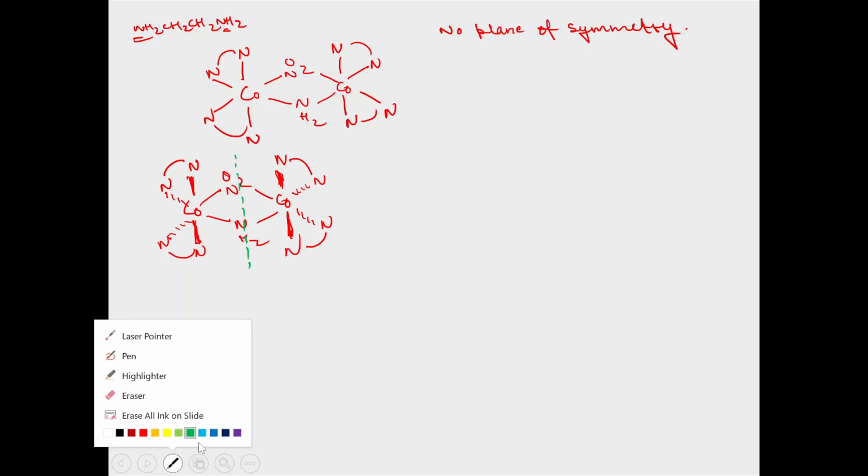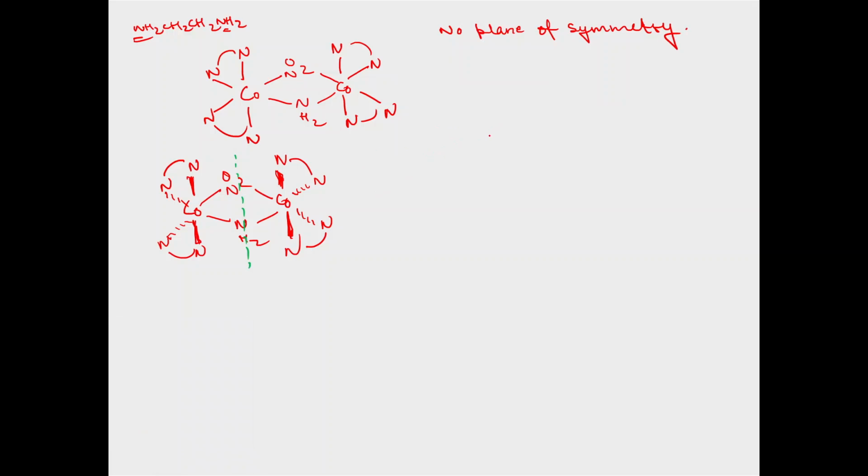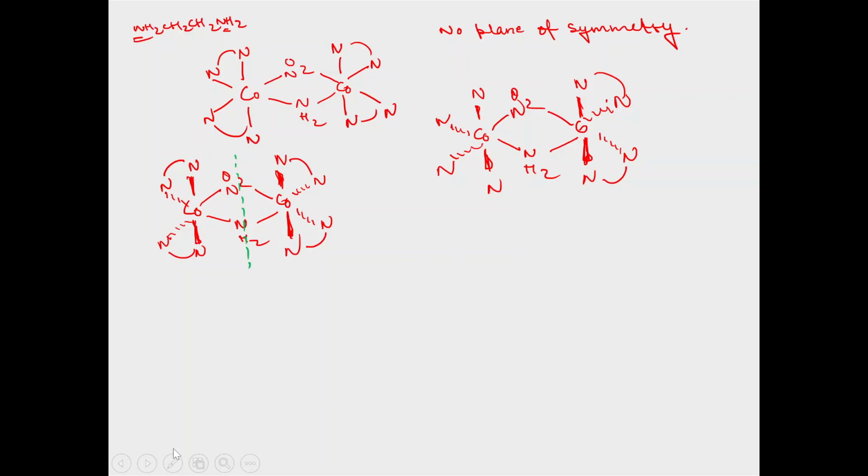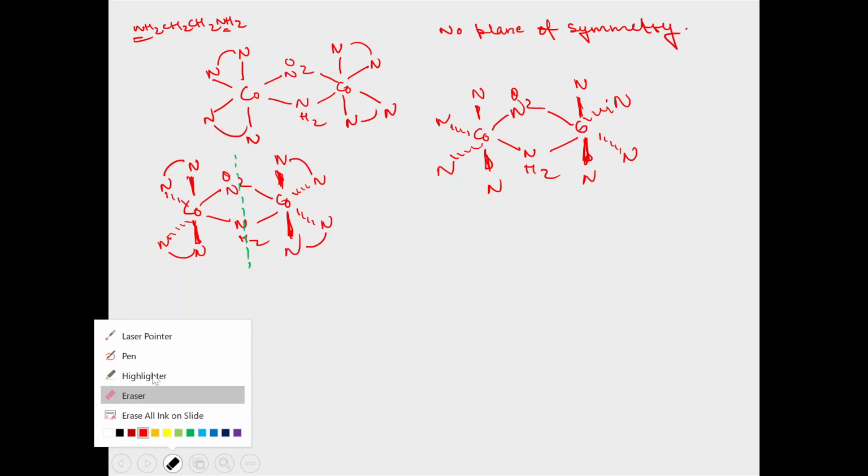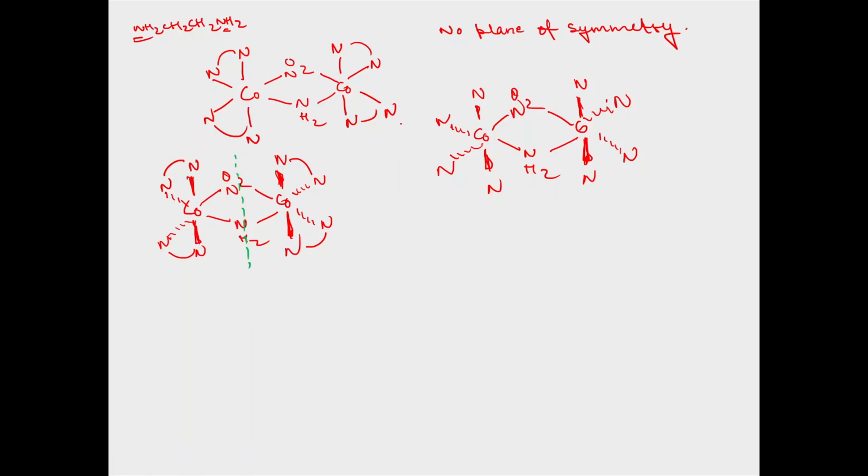Now, if we draw the other conformer, that is Co, N, N, N, NO2, NH2, Co. The other way can be that the ethylene diamine is coordinated like this.